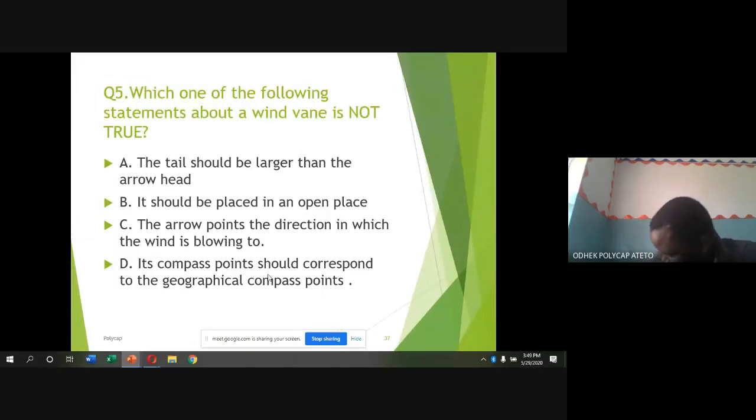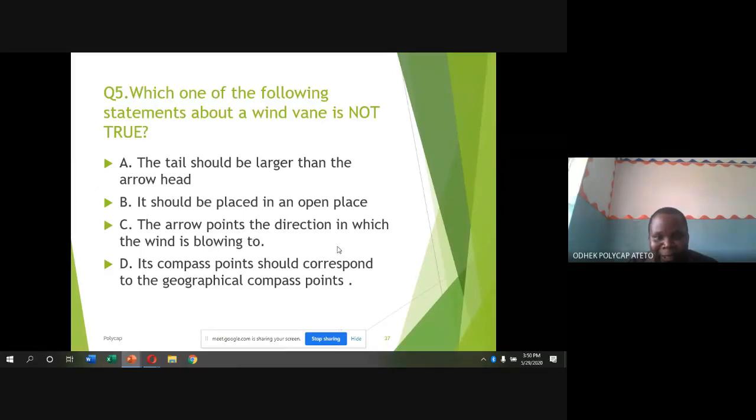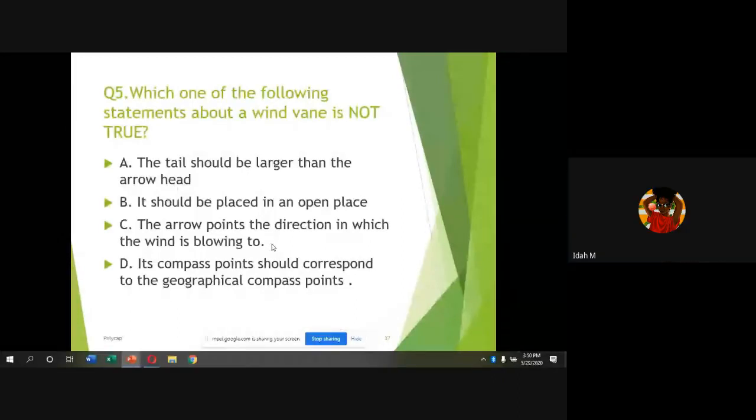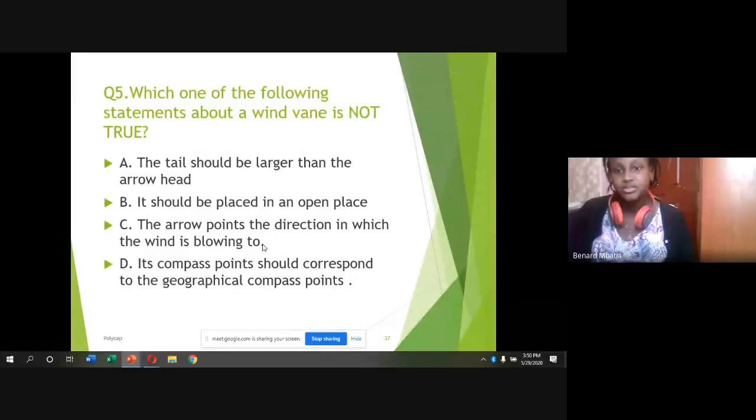Which one is wrong? For me, the arrow points to the direction the wind is blowing to is wrong, because we have already said in question 1 that the arrow points to the direction in which the wind is blowing from. Is that correct?